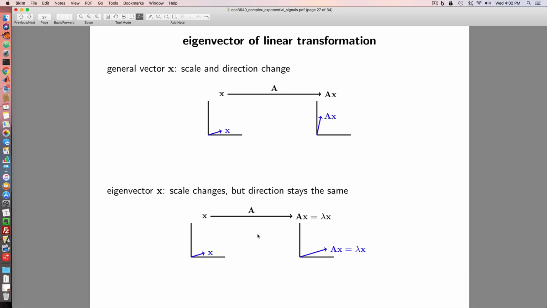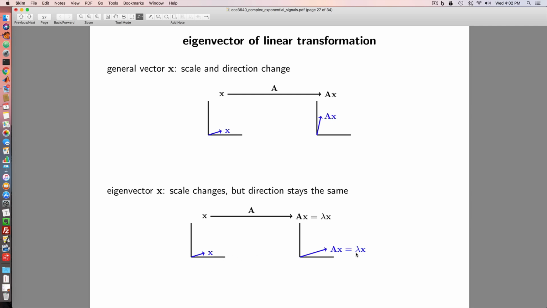But there are these special vectors called eigenvectors that, when you multiply by a matrix, don't change direction at all. They only change length. That's what's depicted in this diagram at the bottom. I have this vector x, which is an eigenvector of the matrix A. When you multiply by the matrix, you end up getting a vector that's in the same direction as the x vector that you started with.